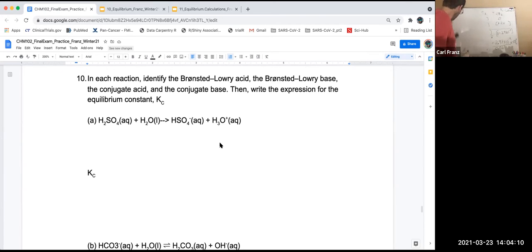And remember, water is an amphiprotic molecule, right? So it can be acid or base, depending on what it's being added to or what's being added to it.